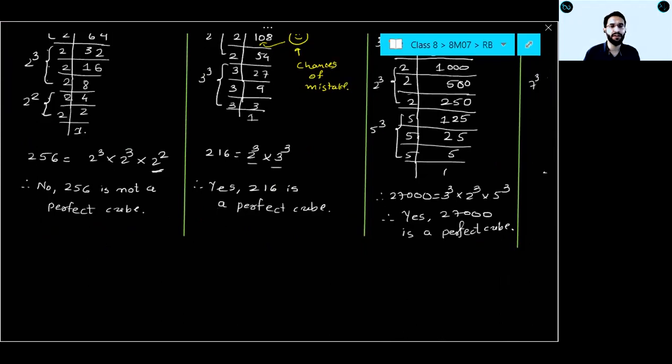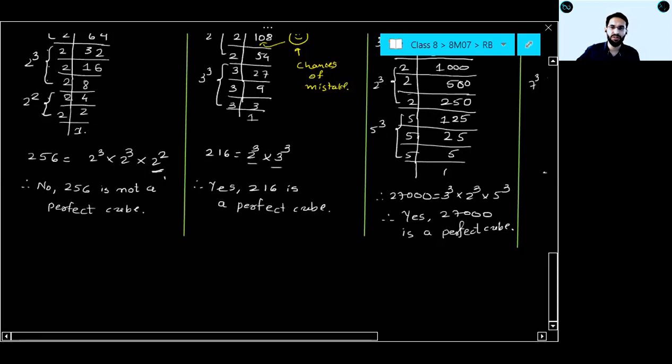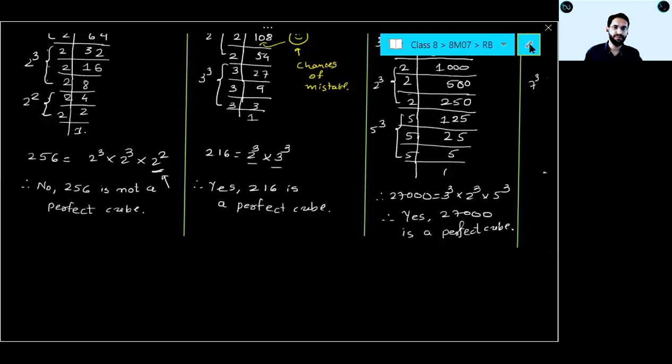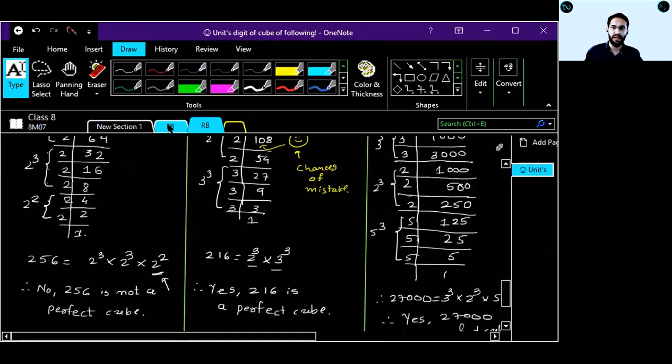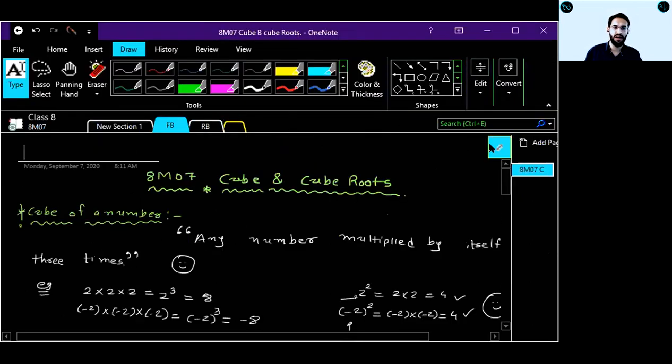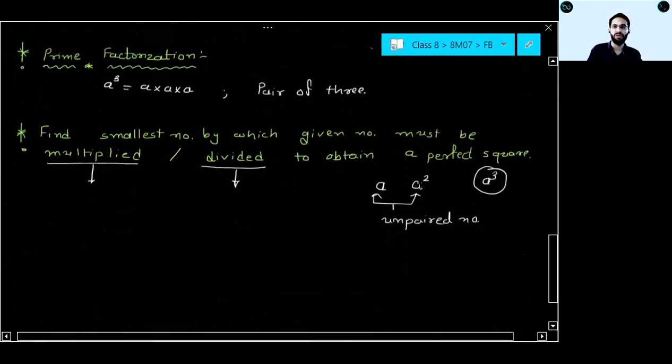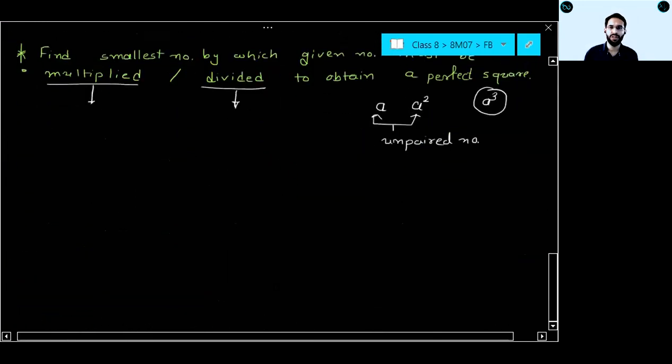Are you getting my point? Here 2 square is an unpaired number or not? Does any student still have doubt? Ask me. So if it is a divided type of question, your answer should be the unpaired number directly.